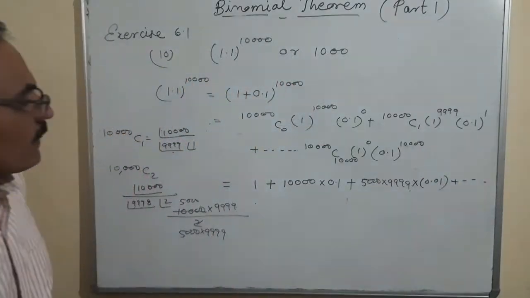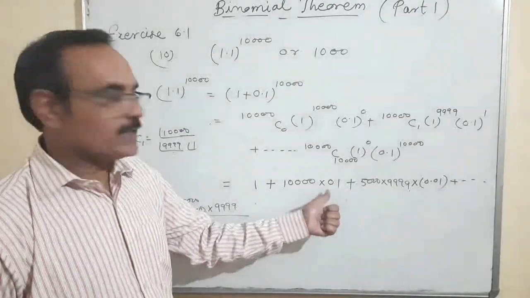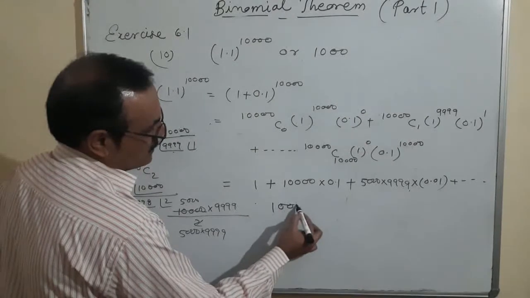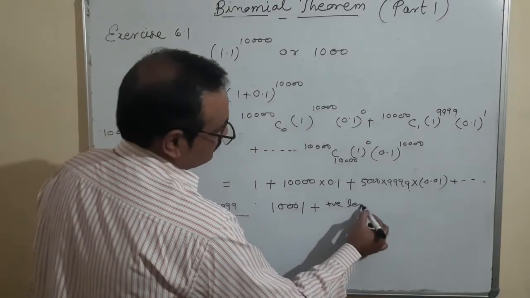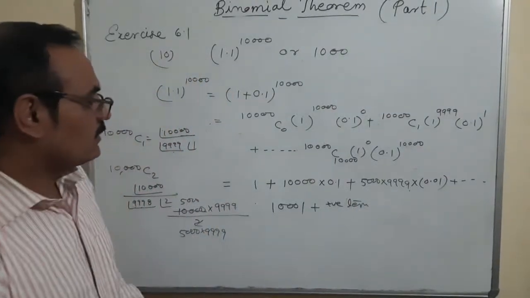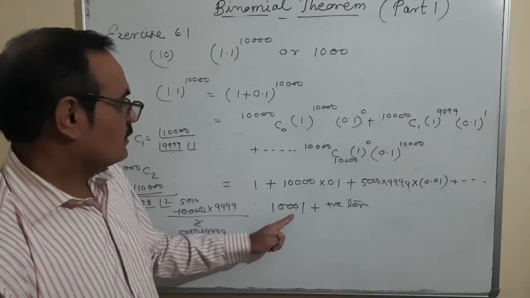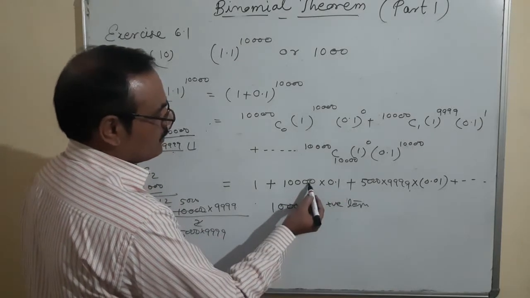Leave it. But you can discuss here 10,000 multiplied by 0.1, it is coming 1,000, plus 1. What is this? This is 1,001 plus positive term. What does it mean? This is 10,000 and when we multiply it by 0.1, it is coming 1,000.